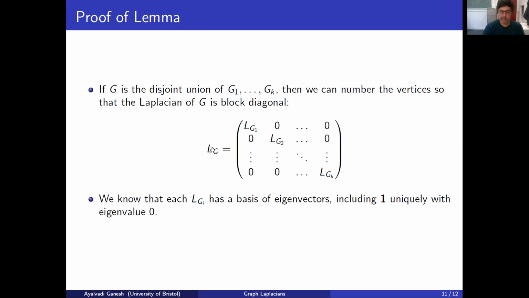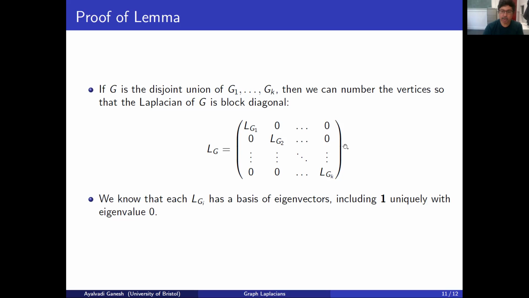Now, if I multiply this matrix LG by that column vector Vi padded with zeros above and below, what do we get? The matrix multiplication becomes a block by block multiplication. LG1 multiplies zeros, becomes 0. Similarly, the second block becomes 0, and so on for everything except the ith block.